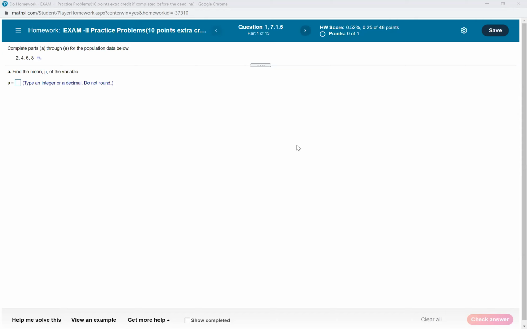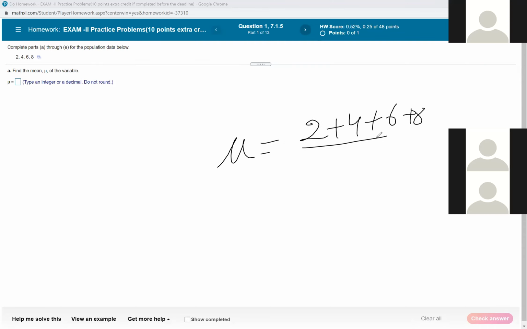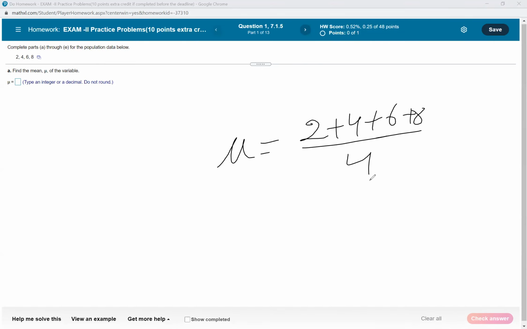Complete parts A through E from the population data. This data is population data: 2, 4, 6, 8. So we need to find the mean. Since this is population data, you have to add all the numbers, 2 plus 4 plus 6 plus 8, and divide by 4. That will be the mean.